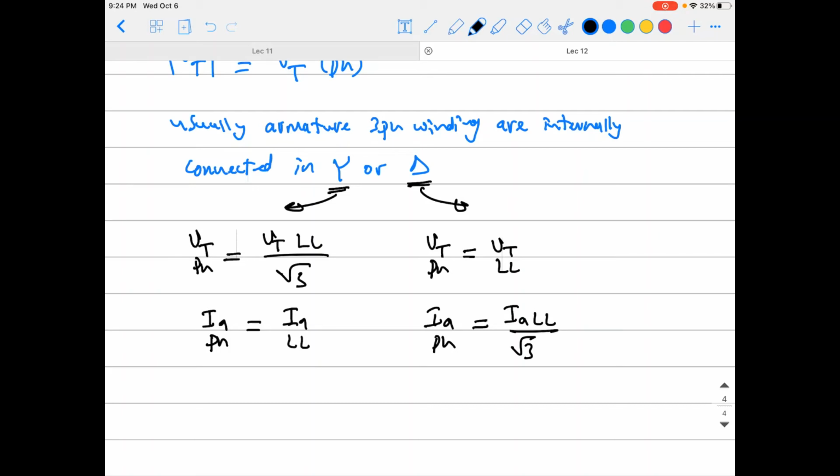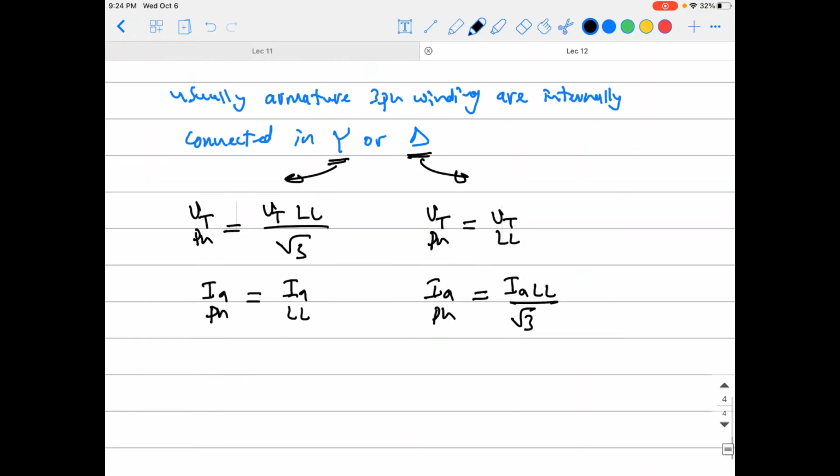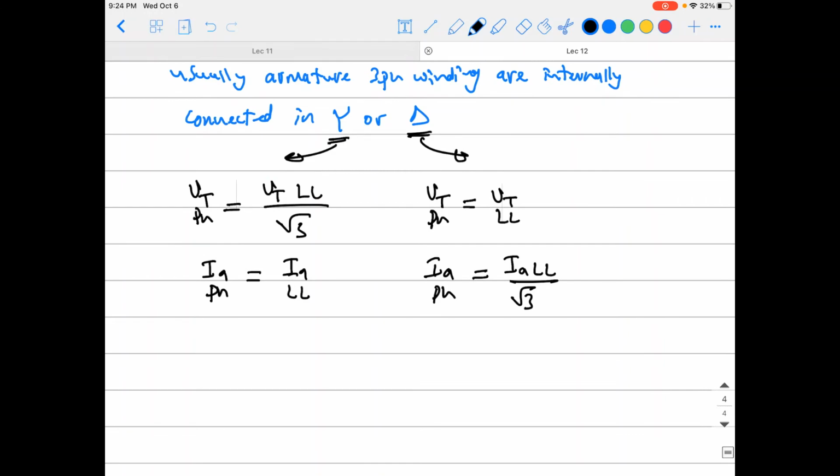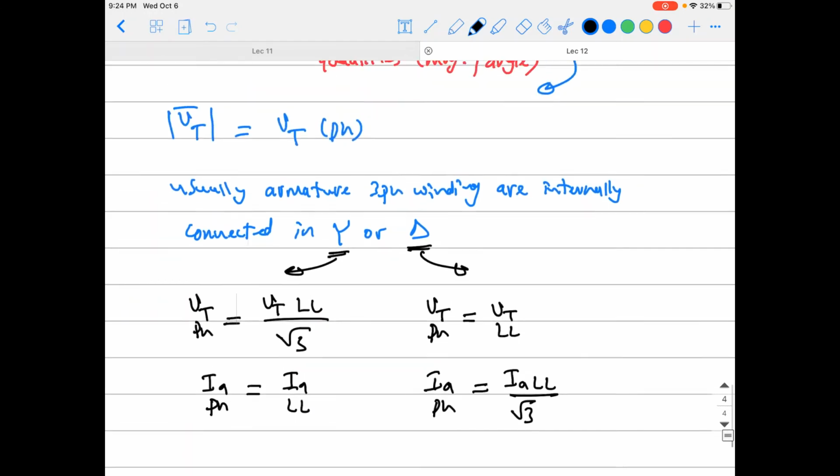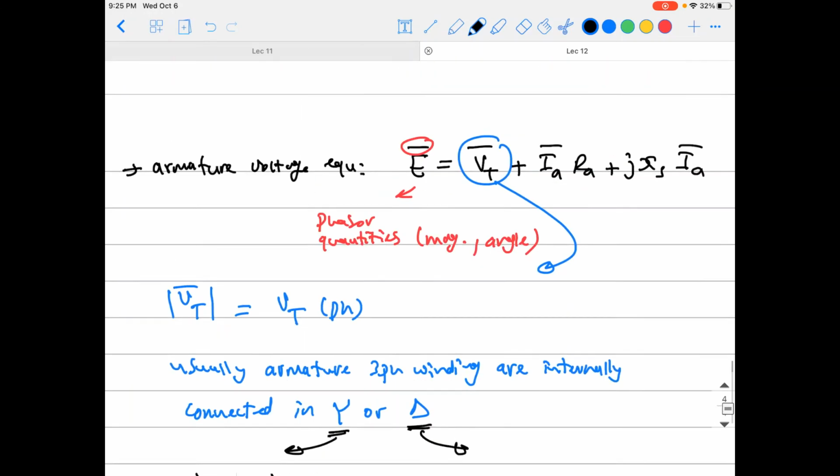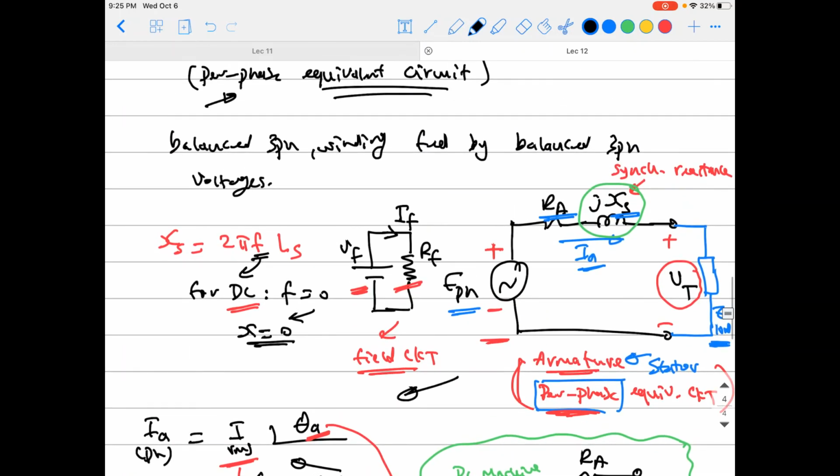Okay guys, so that is the idea we're talking about here. So it depends on the connection. That's why I'm saying make sure you're dealing with phase quantities. So while we're dealing with this circuit, try to solve it, find quantities from it. Each thing inside this is basically per phase quantities.